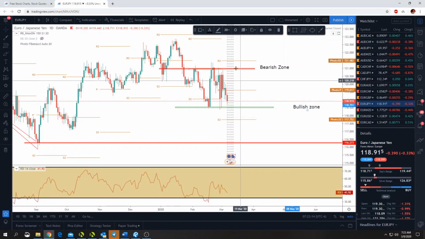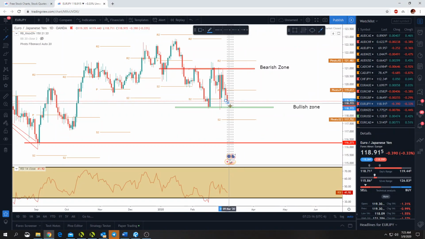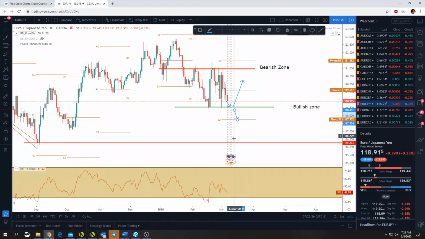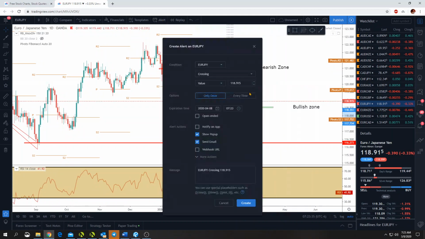We might see another push down. Bam. And then that will be where we decide back up, or it's going to push all the way down to that S2. So I want to set an alert right at the top of it. 118,562.